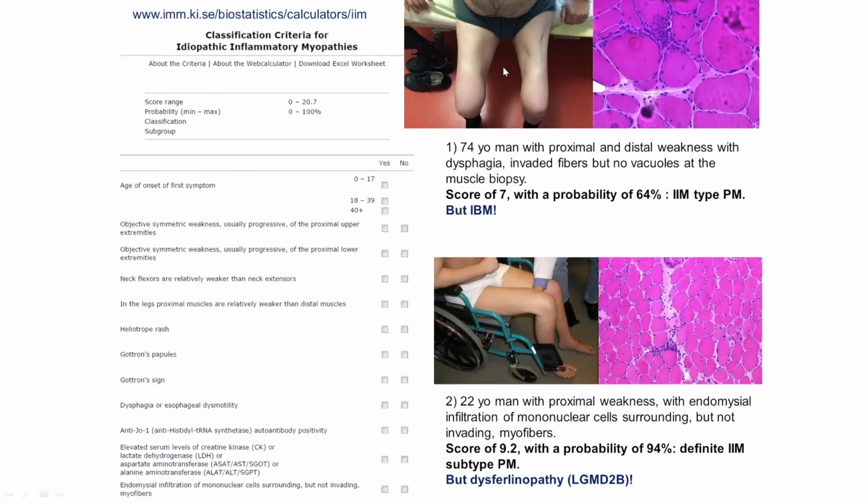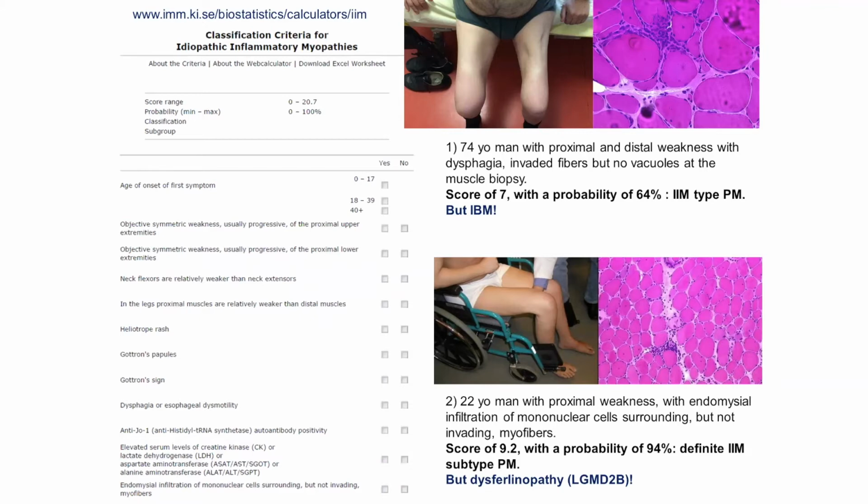First, the first patient is 74 years old. He had a proximal and a distal weakness with a very easy diagnosis just with the phenotype of inclusion body myositis.